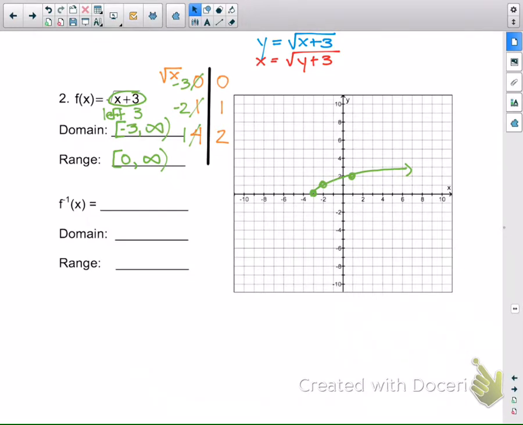Subtract 3. Before I can do that, I have to square both sides. That gives me x squared is equal to y plus 3. Then I finish out by doing what? Subtracting 3. So my inverse equation is x squared minus 3, right?